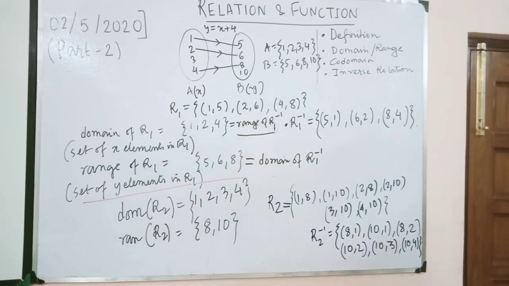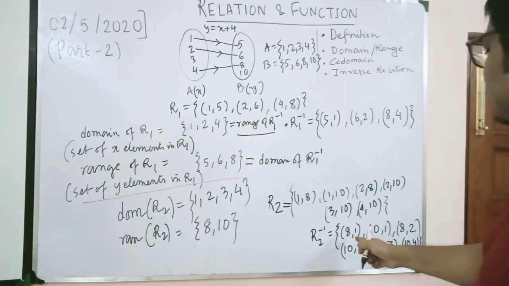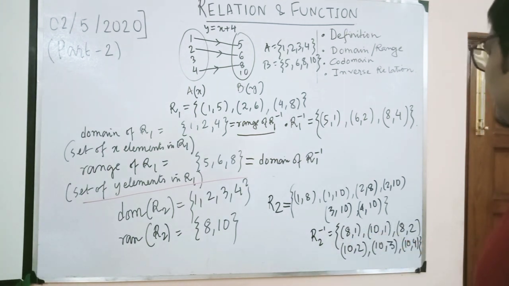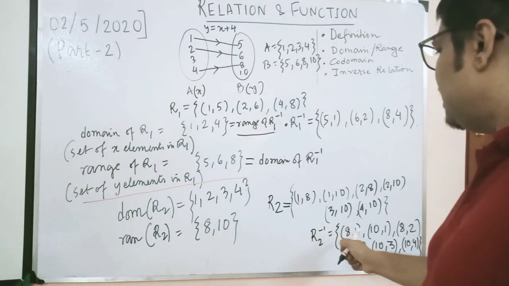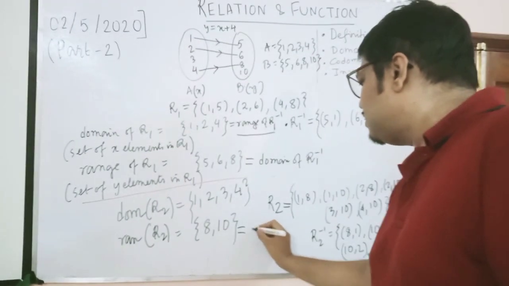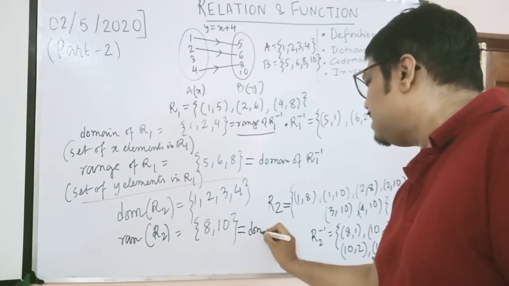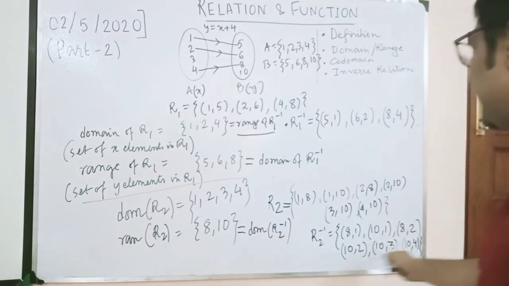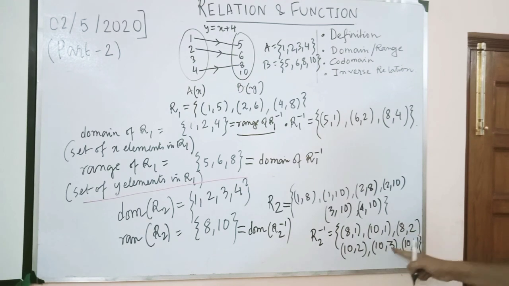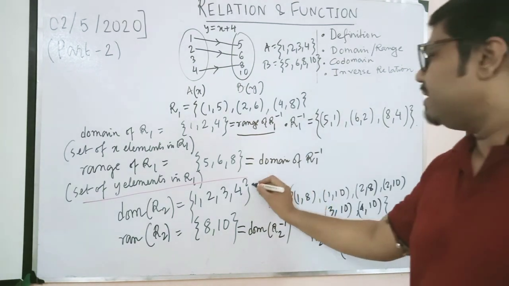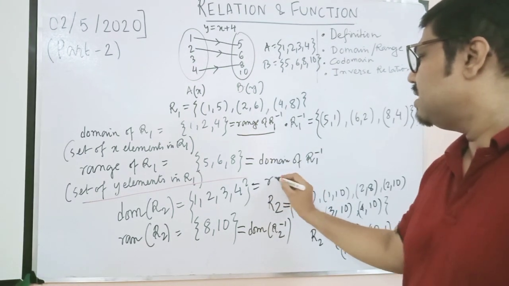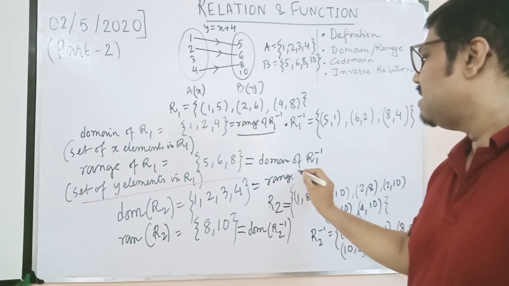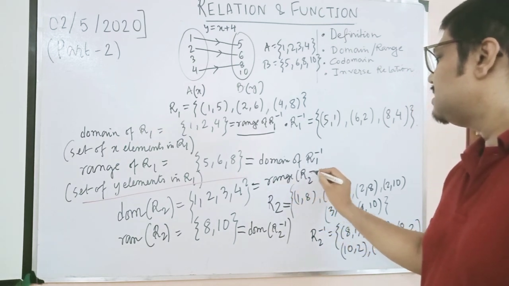Look at it. So this is R2 inverse. Same thing. So you get the domain as 8 and 10. So that will be the range of R2. And the range of R2 inverse, which is 1, 2, 3, 4, will be equal to the domain of R2.